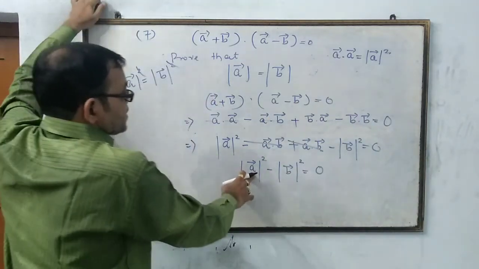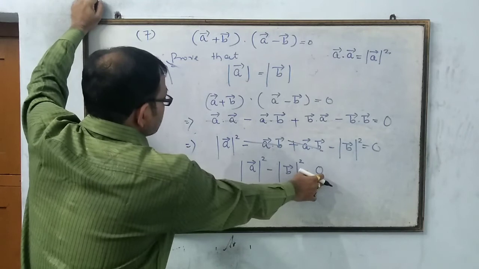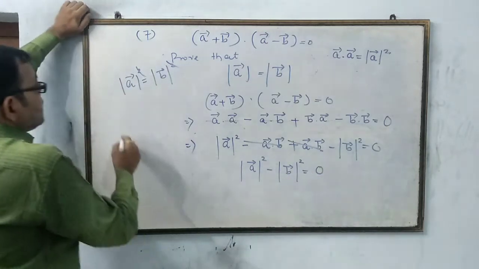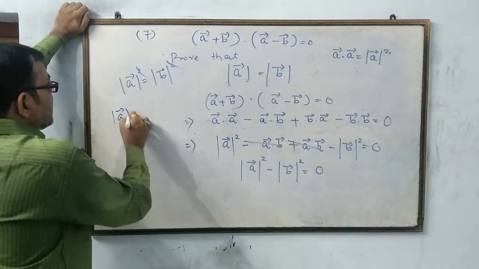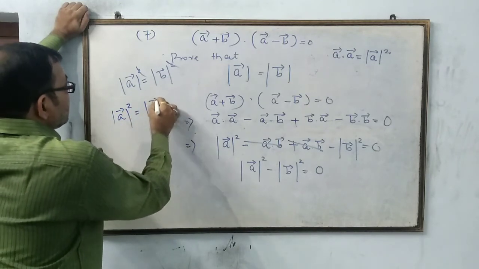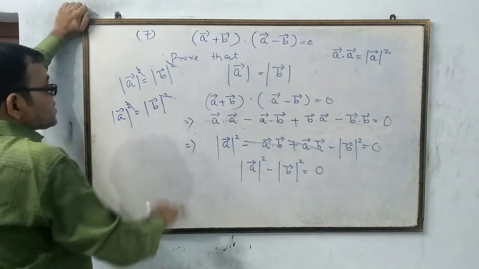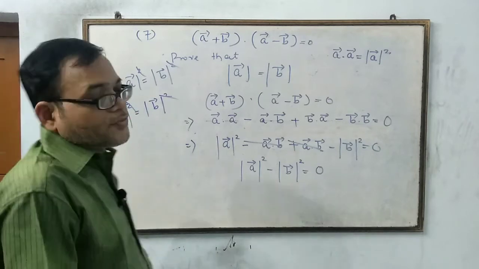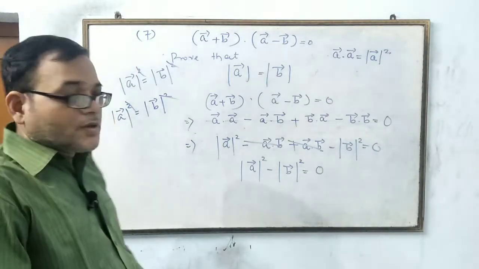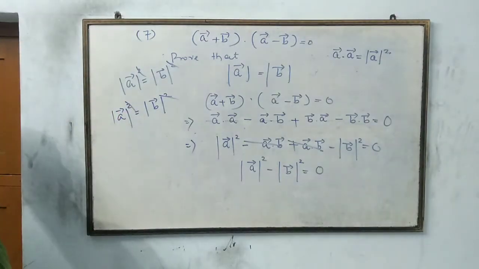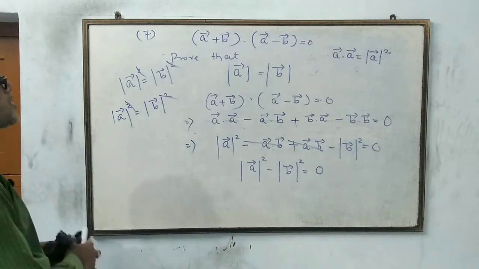So magnitude of A square minus magnitude of B square equals 0. So I can write magnitude of A square equals magnitude of B square. If the squares are cancelled, magnitude of A equals magnitude of B. Okay, that is what I have done in question number 7.